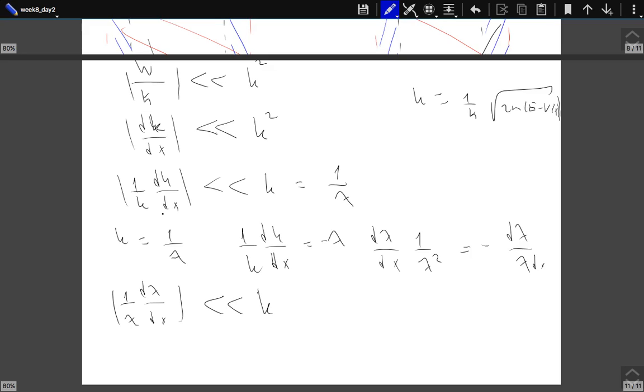So this number over here, 1 over k dk by dx, is basically how fast V is changing, or the inverse distance over which V changes significantly. This should be much less than 1 over lambda. Lambda should be much larger than 1 over k dk by dx.